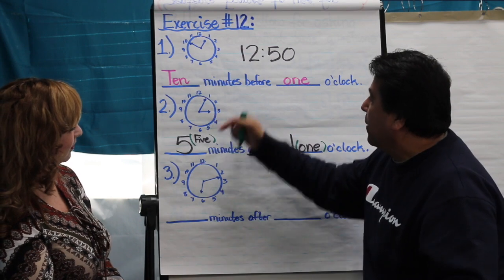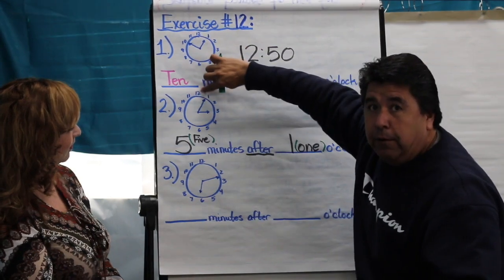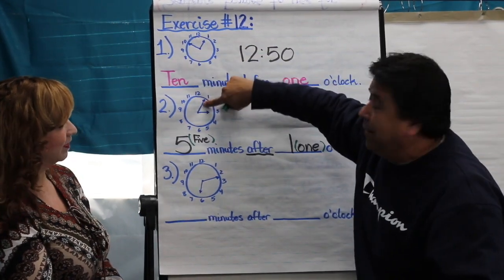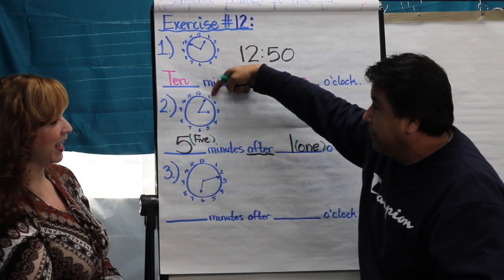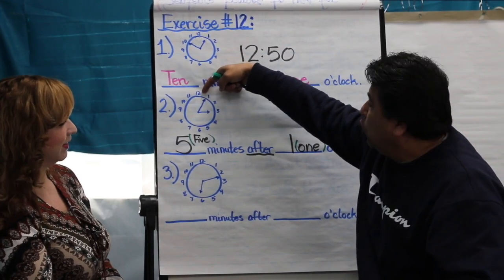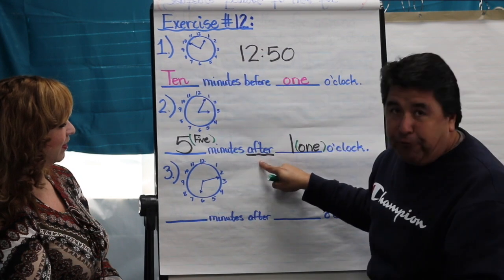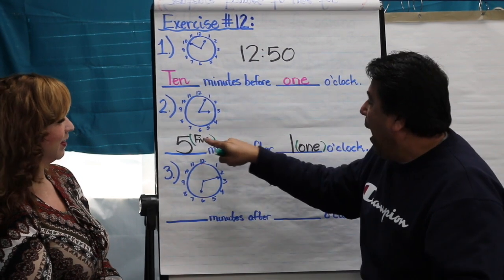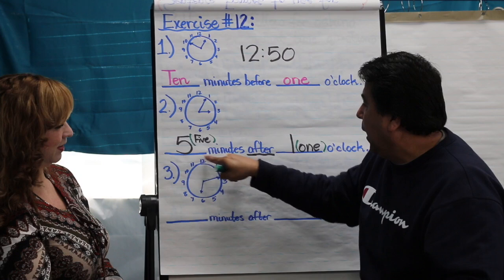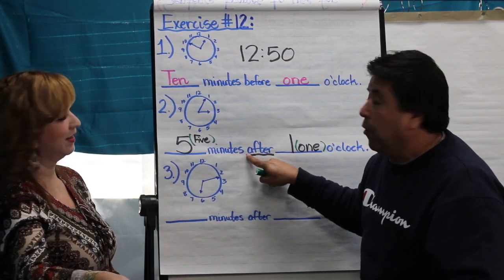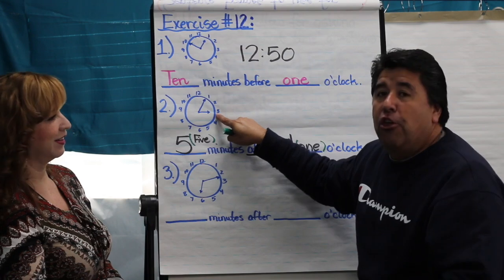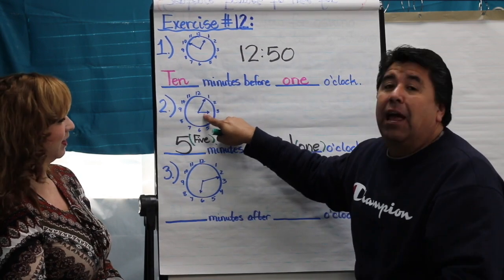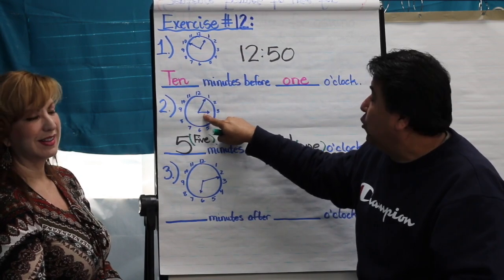So we know that I have my number 12 there, right? And the minute hand is past the 12. So that means it's after, okay? So I have 5 minutes after the hour. What is my hour here? My hour is 3 because my hour hand is pointing to the 3.